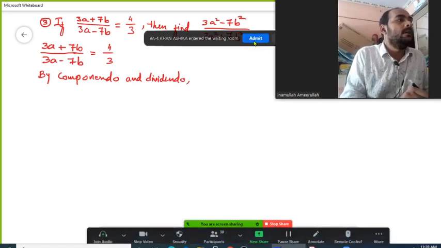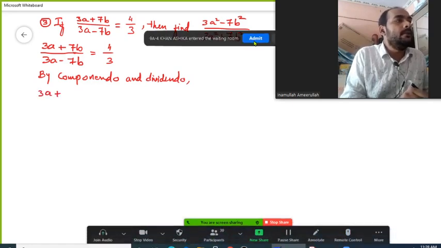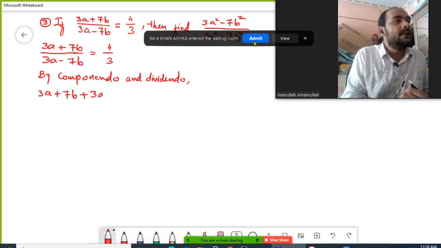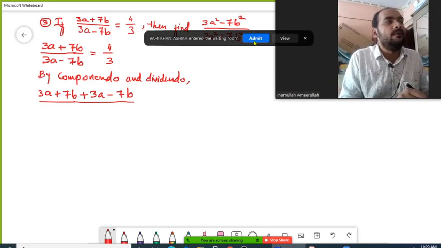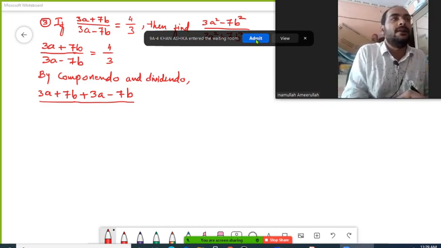So by componendo and dividendo, 3a + 7b + 3a - 7b. This is our numerator and this is our denominator. In between numerator and denominator we have taken a plus sign. The same we will repeat in the denominator by taking a minus sign.